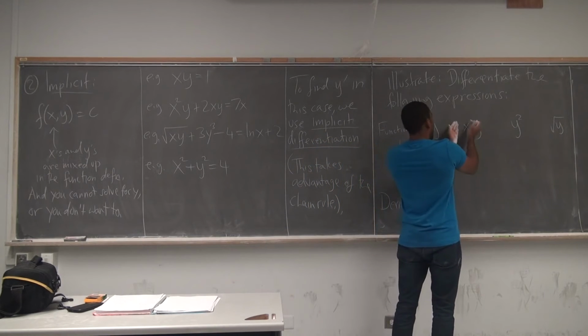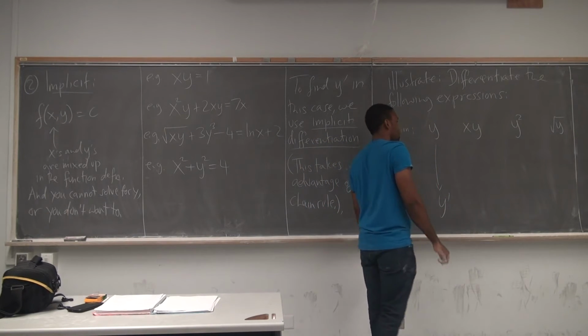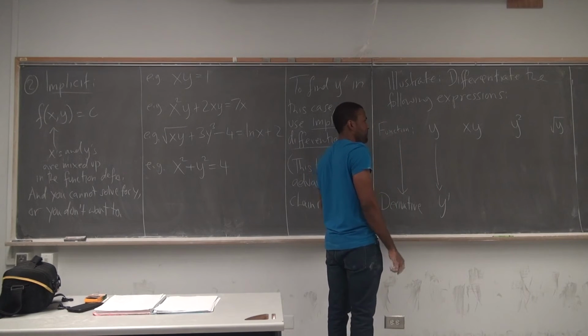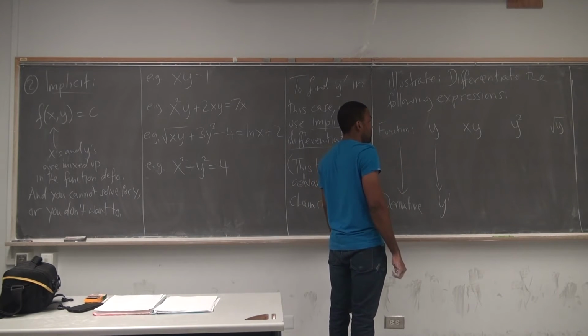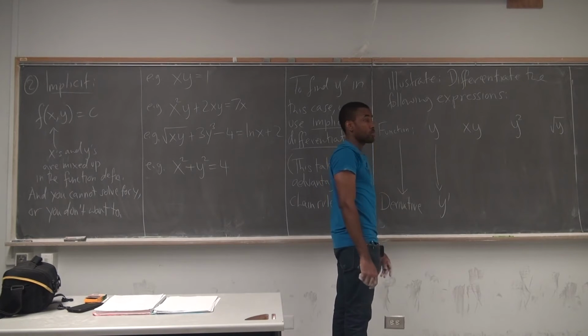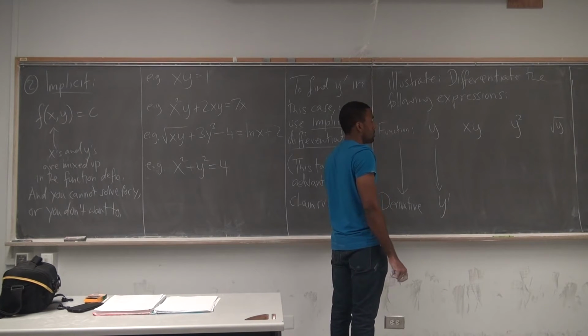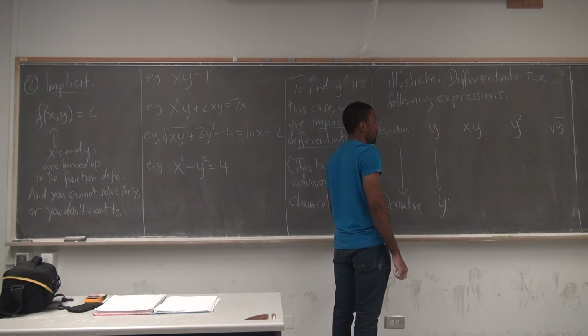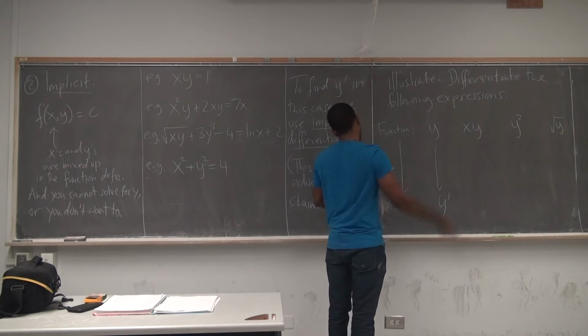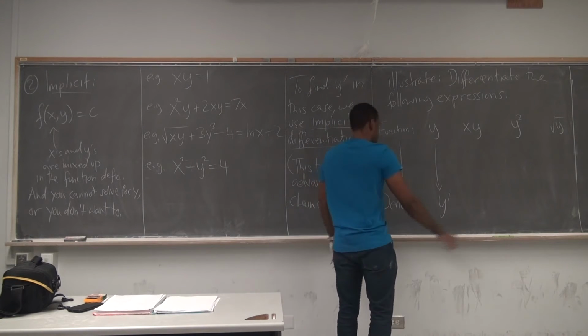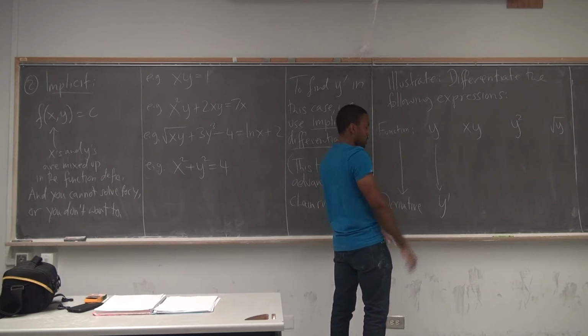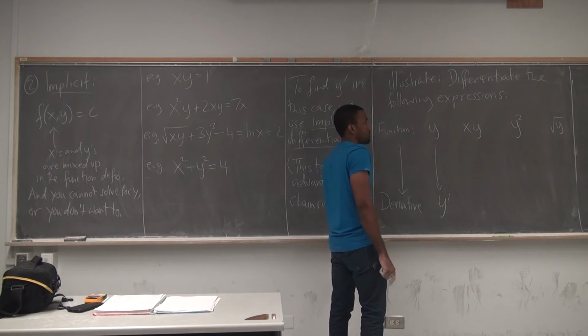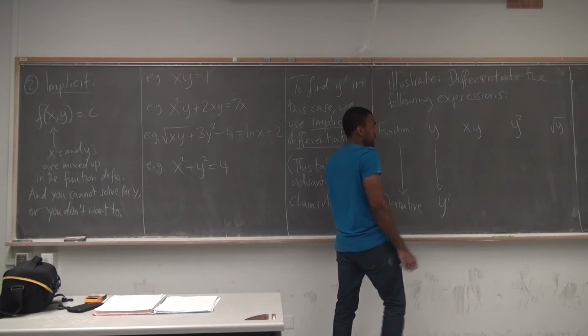What about here? I take an x and I multiply it by the y. Now what? All the old rules apply. It's not like we forget everything we know about derivatives. Everything that applied before applies now. We need the product rule.